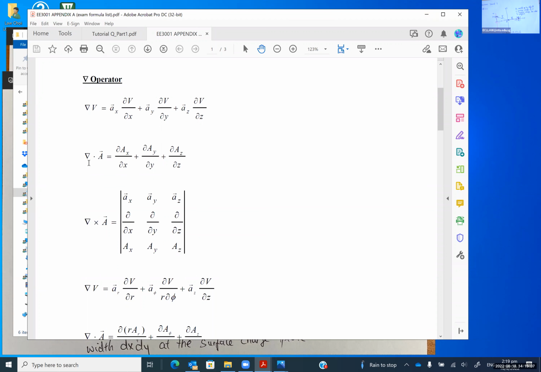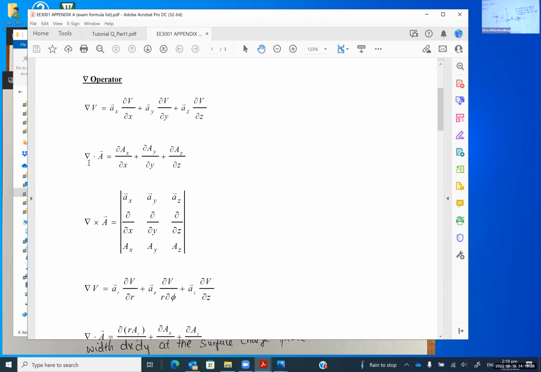Give me the del vector in Cartesian. It's basically just del x, ax, plus del y, ay, plus del z, az. That's the del vector. So now can you mentally solve that vector dot with the A vector? What's your answer?